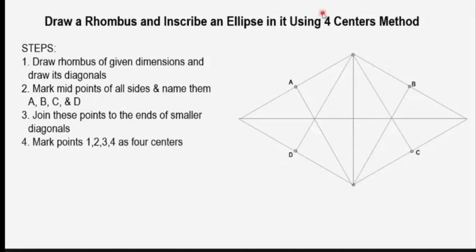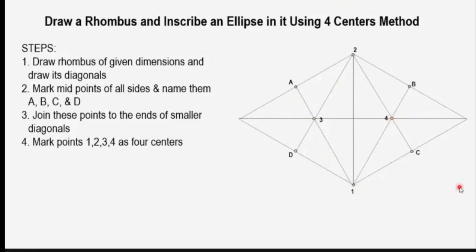This method name is the 4 centers method. So I will require 4 points which will be used as centers. So one center is this point, the top end of the smaller diagonal. This is the second center, that is the lower end of the smaller diagonal. This point is the third center, that is the point of intersection of these two lines, and similarly this point is the other center.